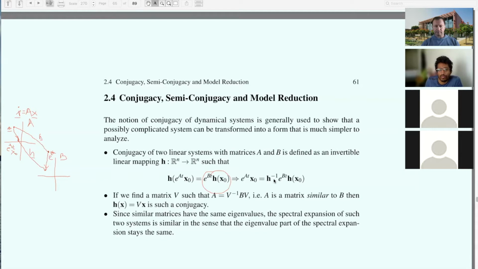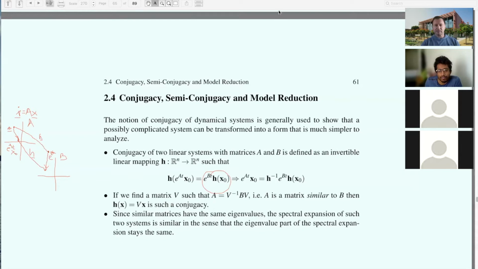So, since similar matrices have the same eigenvalues, then the spectral expansion of these two systems is similar in the sense that the eigenvalue part stays the same.